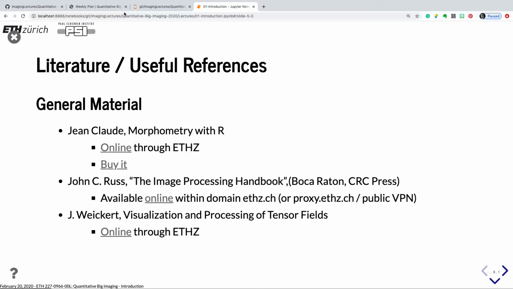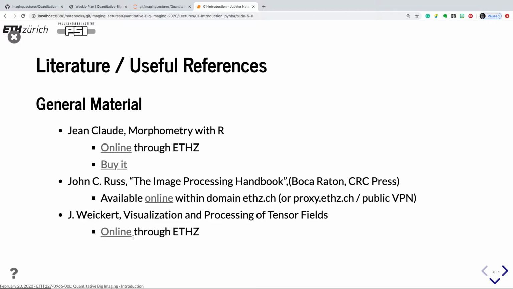Literature, well, in image processing there are loads of books. But anyway, some that I can recommend, in particular the one by John Ross here. It's an overview book of essentially the main things you can do with traditional image processing today.